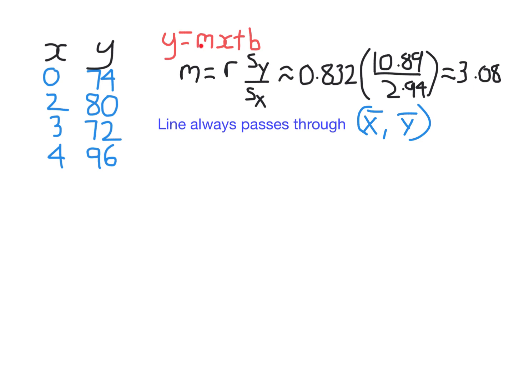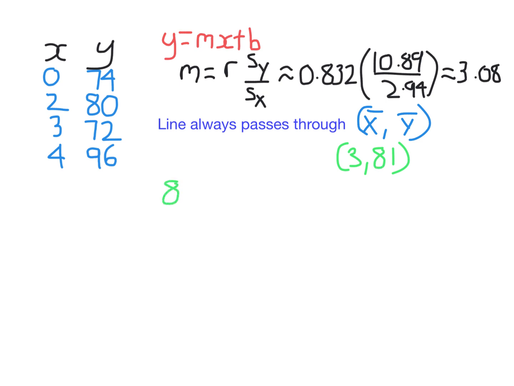So we've calculated M, but we need to calculate B, the y-intercept of our line. To do that, we take advantage of the fact that the line always passes through this special point that has the mean of X and mean of Y as its coordinates. On the previous slide, I wrote that the mean of X was 3 and the mean of Y was 81. So we simply substitute this with the gradient into our equation.